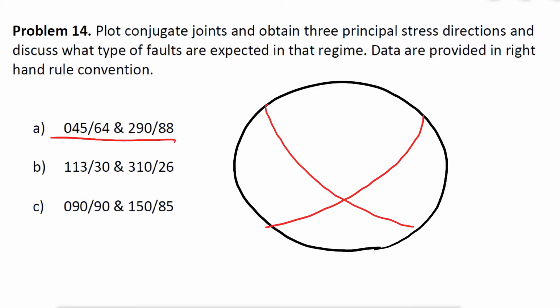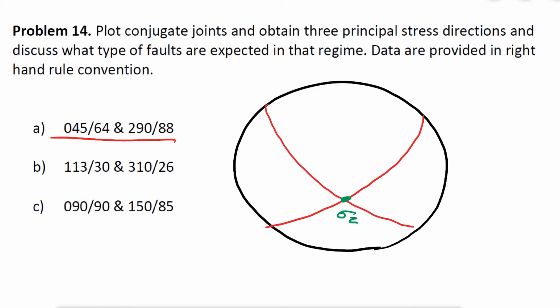If you have these two fractures, the intersection is going to be sigma 2. You can find out the trend and plunge. That's very easy, right? So what you're going to do is find sigma 1 and sigma 3.